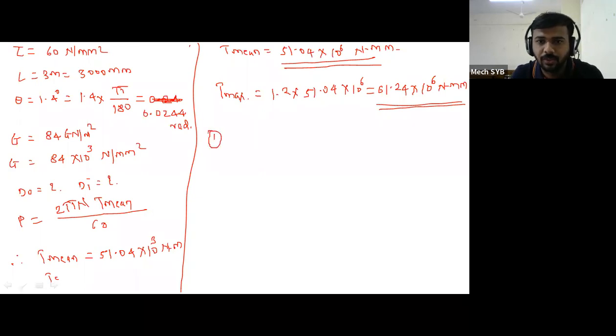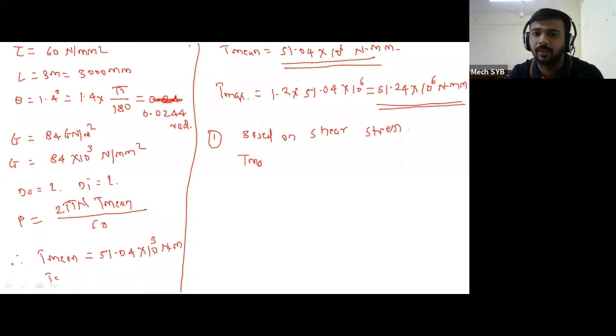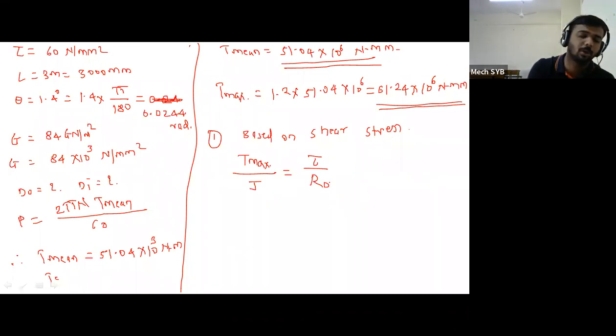Now the first, based on shear stress, T max upon J is equal to tau upon rho, because a hollow shaft is there.